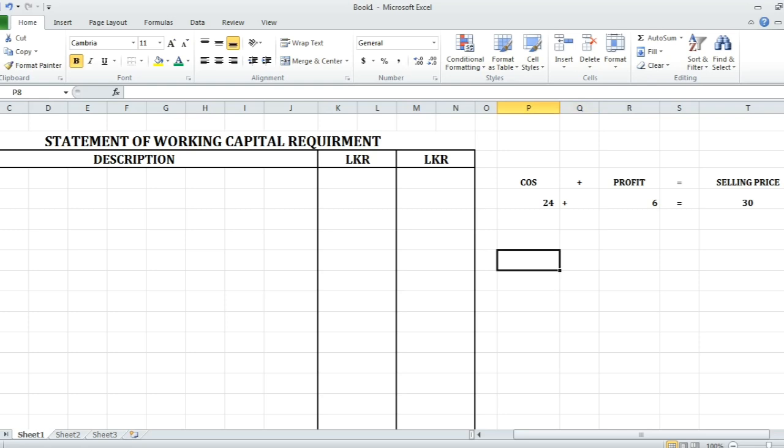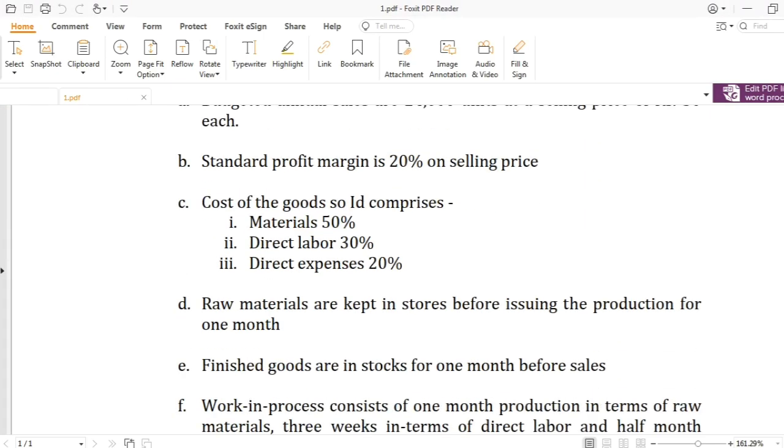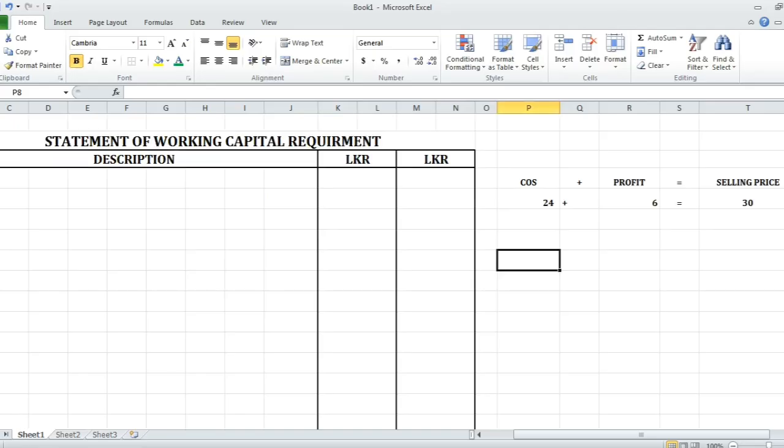Now we have to find the cost of sales for each of the elements, those are raw material, direct labor, overheads. Cost of goods sold comprises materials 50%, direct labor 30%, direct expenses 20%. So we can find the cost per element.